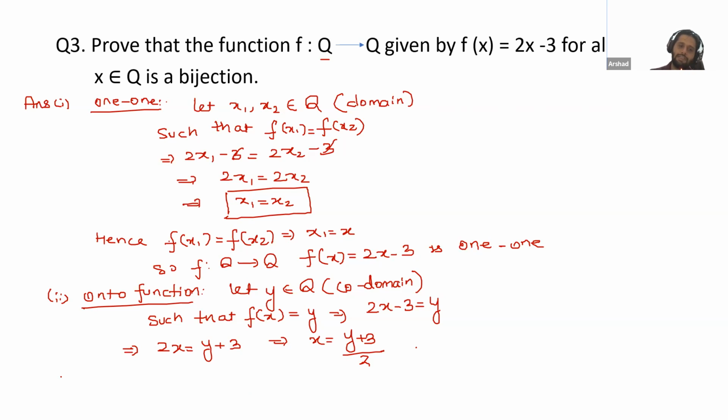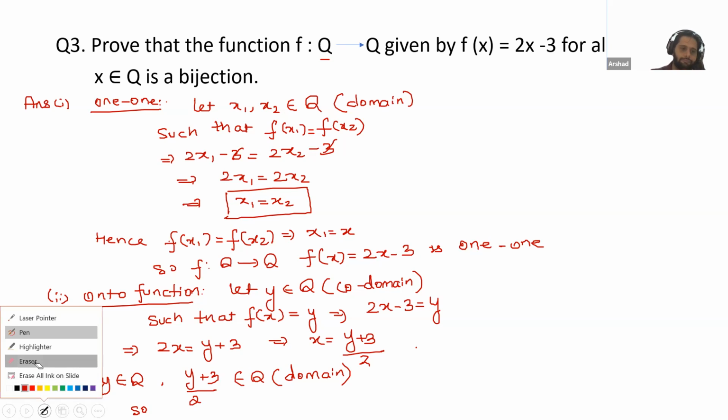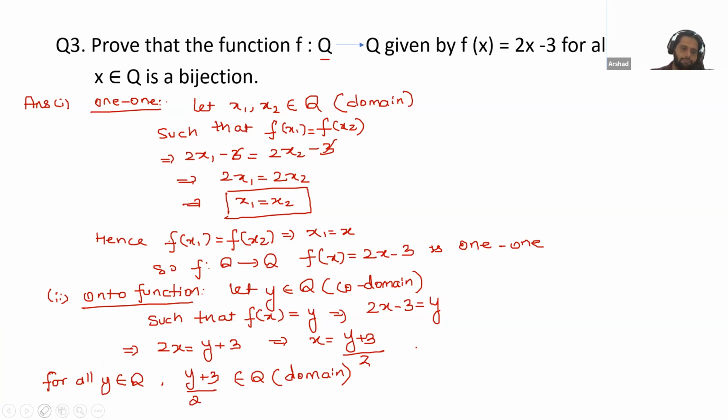So you can write the same language which I told you in the first question. For all y belongs to Q, (y plus 3) by 2 belongs to Q, domain.